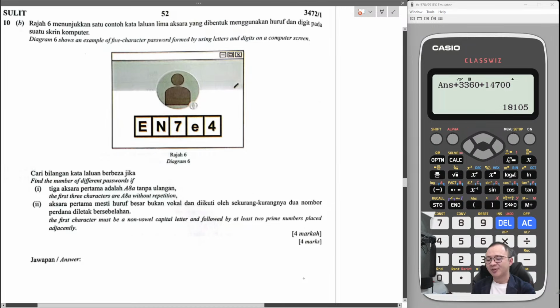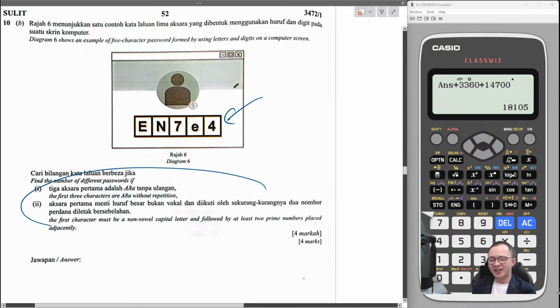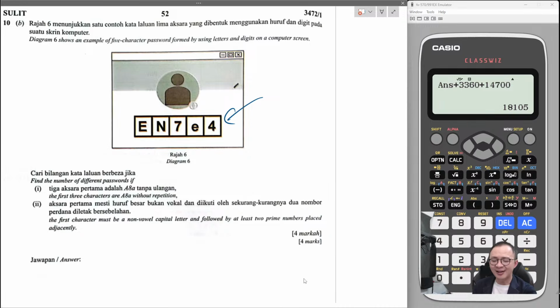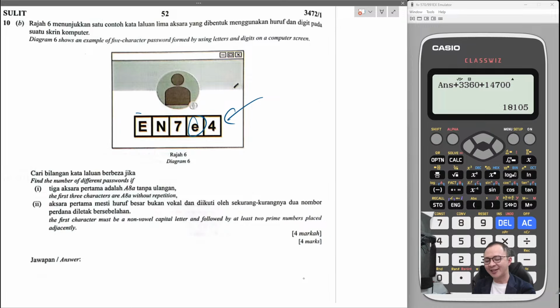Okay, so this diagram shows an example of a 5-character password formed by using letters and digits on the computer screen. Find the number of different passwords. Before reading any of this, let's understand the displayed information. Letters can be capital or small.